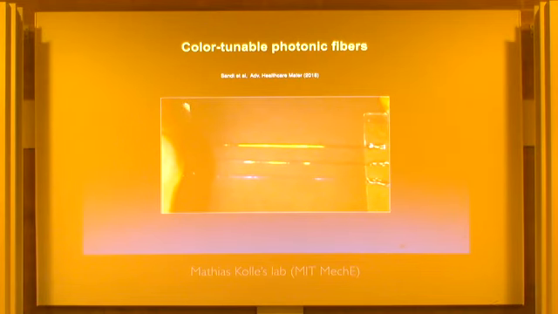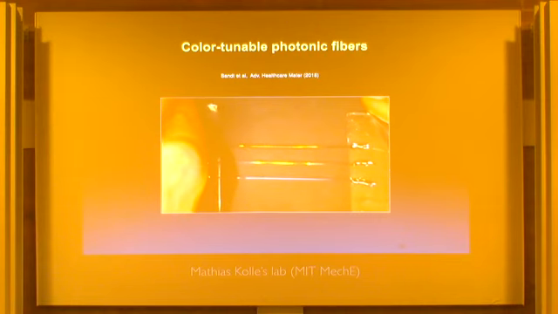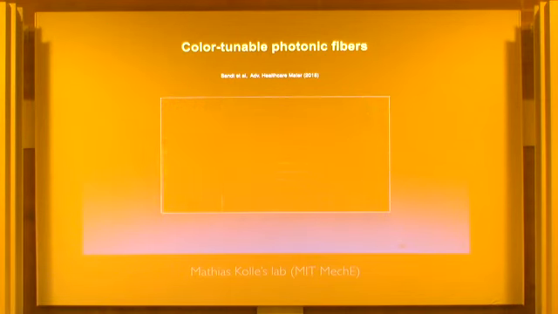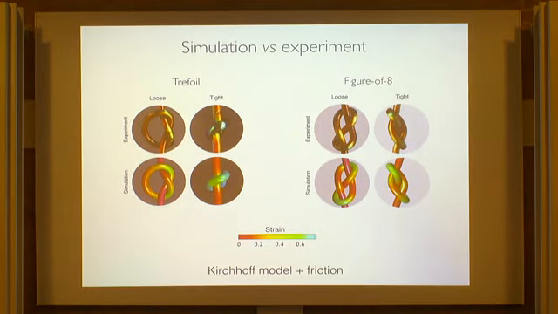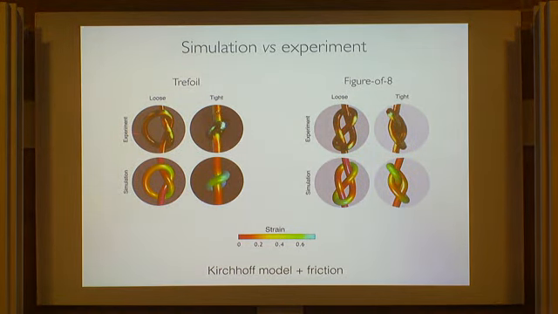That's how we can benchmark our simulations. At the top we have knots from experiments. This is always the same knot here, and the same knot here, one in a loose configuration and one in a tight configuration. Then here we have a simulation where we map the strain onto the color scheme that they give us.